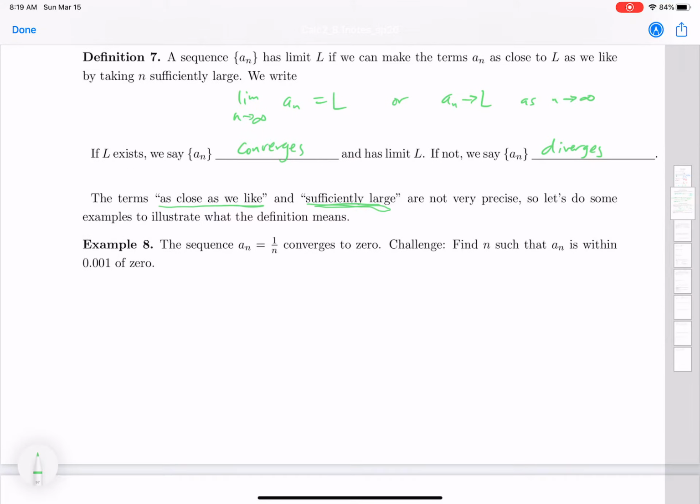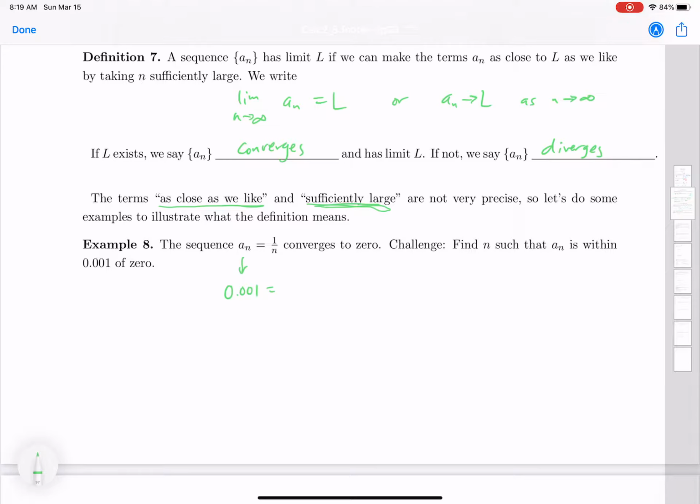This particular sequence, a sub n equals 1 over n, converges to 0. And if I wanted to make sense out of as close as we like and sufficiently large, I could say find n such that a sub n is within 0.001 of the value 0. In other words, I want my a sub n to equal 0.001 or be less than that.